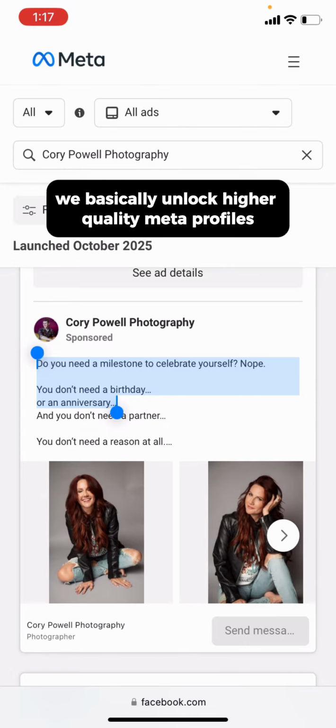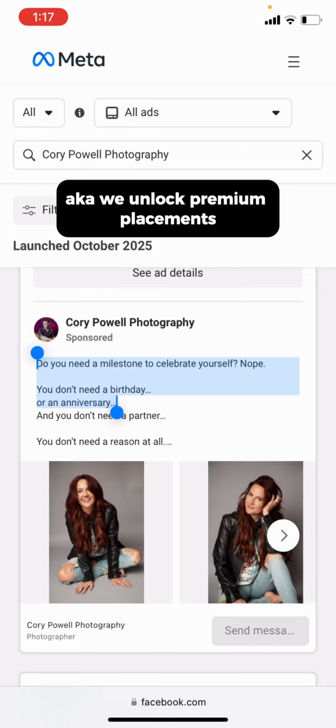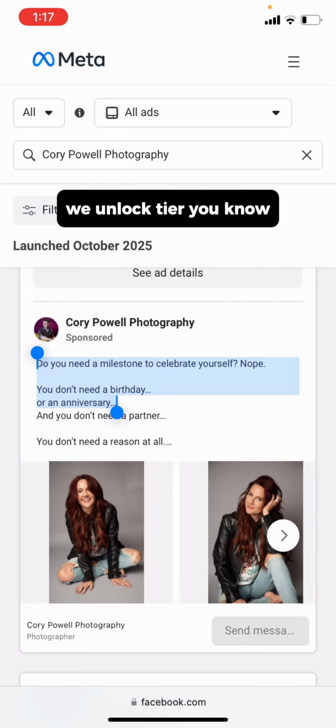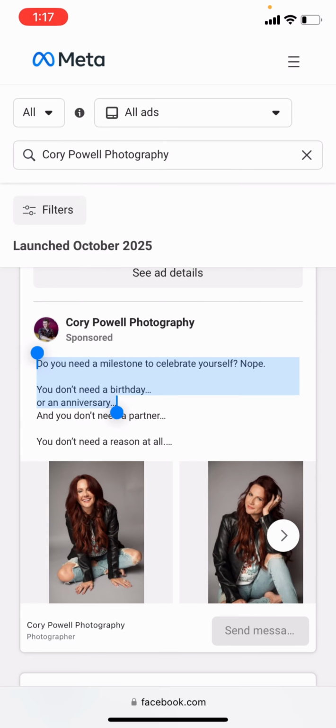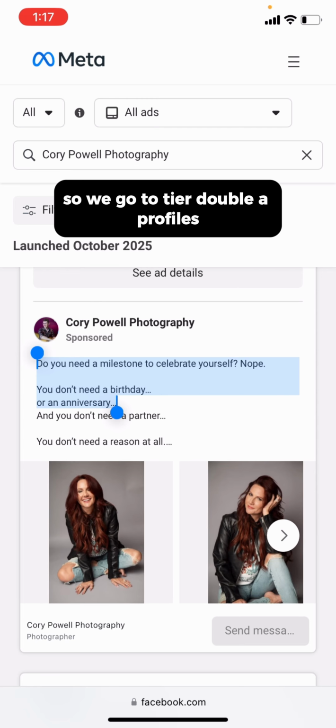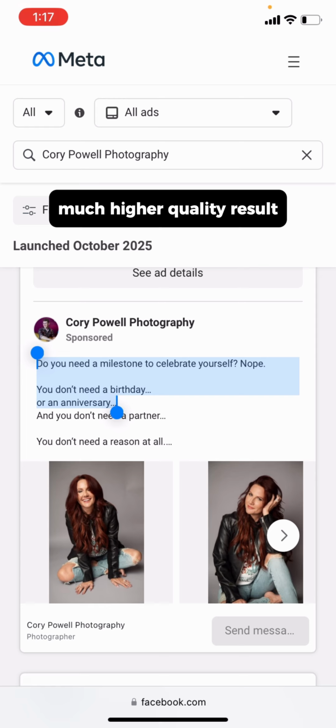It's like we unlock premium placements. We unlock tier A plus profiles, whereas tranche 1 was tier A profiles. Or we could say tier AA. So we go to tier AA profiles, much higher quality.